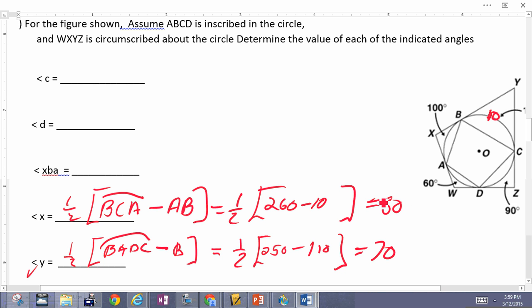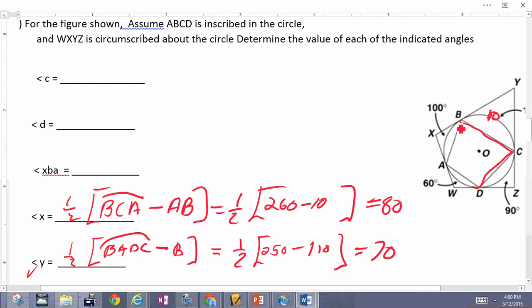We can find the others in the same way. I guess we're not after any of those others. Let's identify the other angles that we're after. Angle C is an inscribed angle. Its vertex is on the circle, so it's half of the arc that it meets up with.